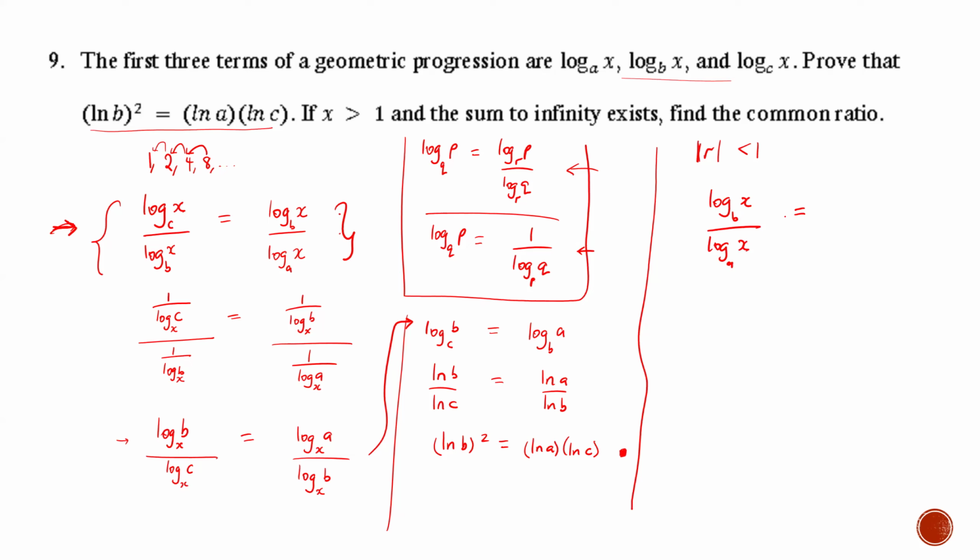But we saw this simplifies, if you look at the steps, to this, and this simplifies to this. Let me just write that. So this is the log of a to base x out of the log of b to base x, but this is actually the log of a to base b. So this is our common ratio.